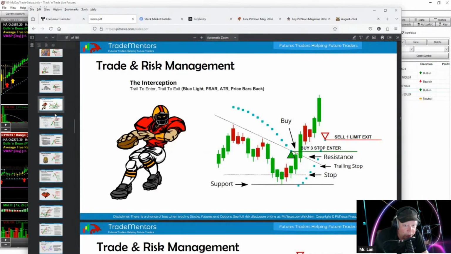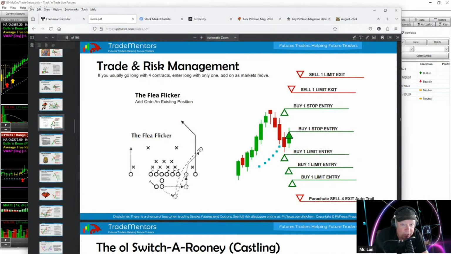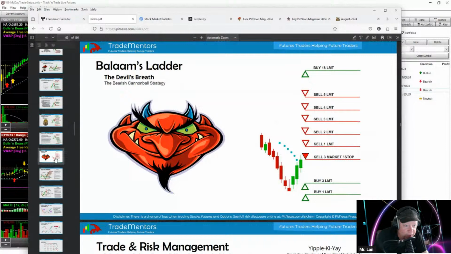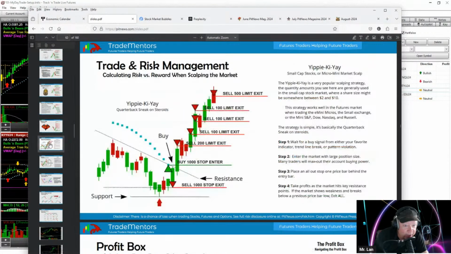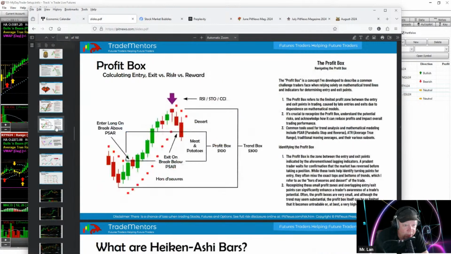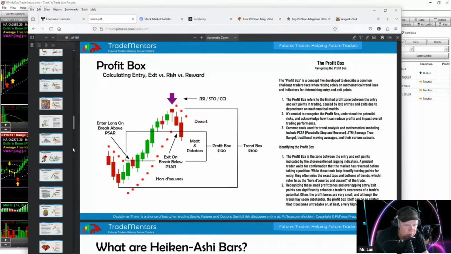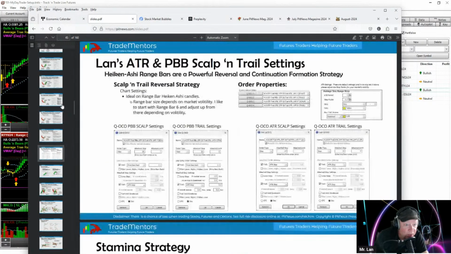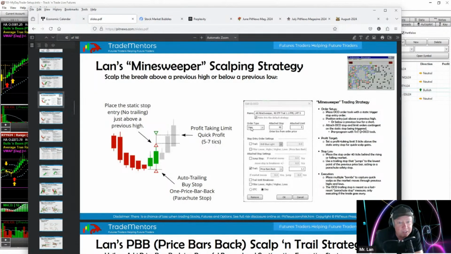We talk about the intercept. There's the flea flicker. There's the king tut. There's the Balaam's ladder. There's the yippee-ki-yay. There's the profit box. Hey, wait a second. Where did my Minesweeper go? Oh, there's Minesweeper. Lan's Minesweeper scalping strategy.